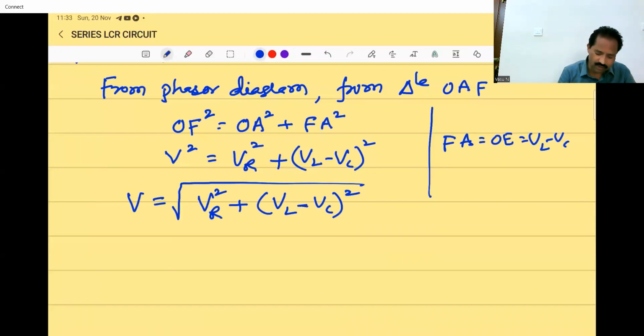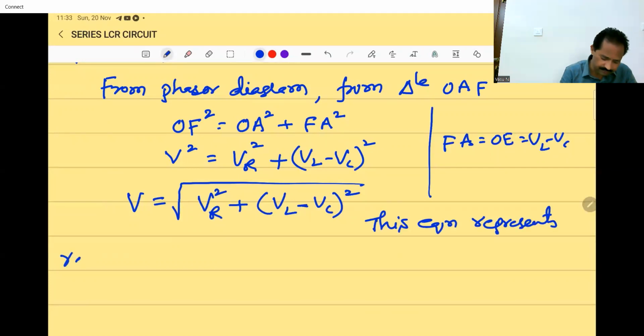The resultant voltage. So this equation represents the resultant voltage.